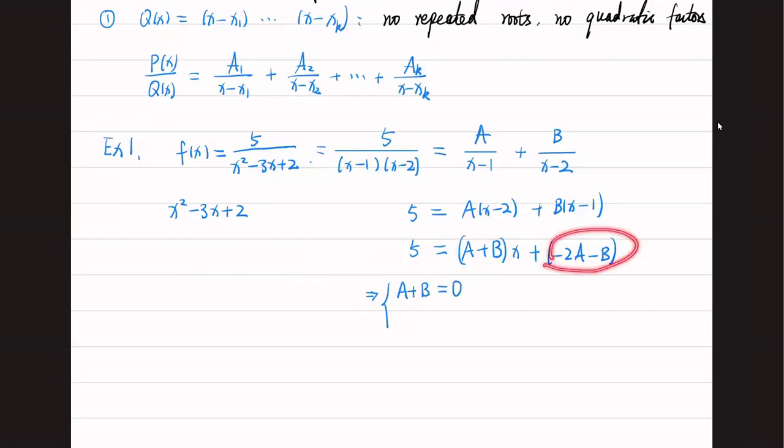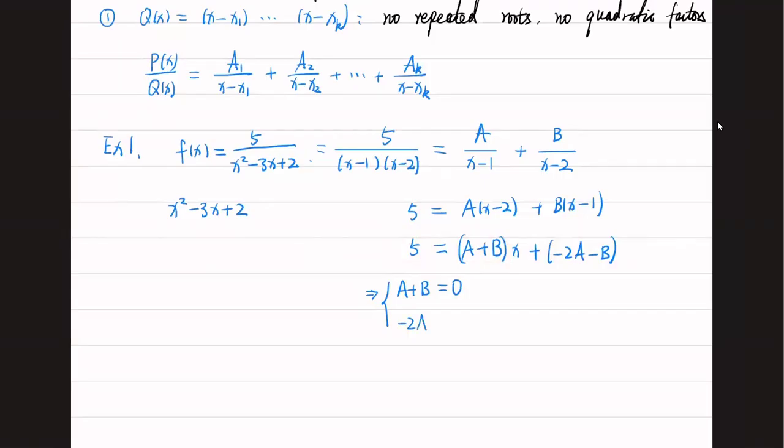Coefficient, this is 5. So minus 2a minus b is 5. We'll solve a and b from this equation. So, okay, Sophia, how do we proceed to find a and b? You can add them.